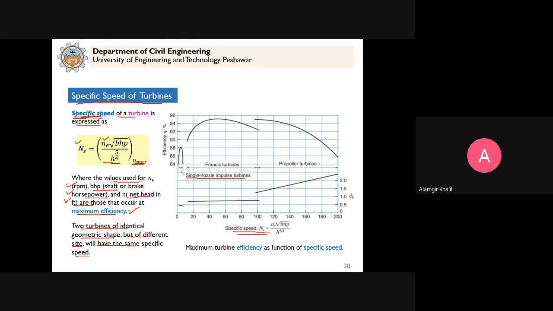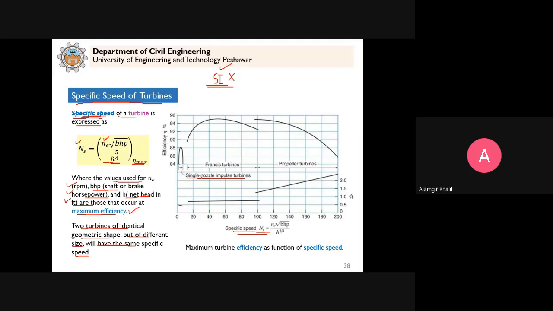Now in our textbook, the graph for SI system is not available. So you can find other fluid mechanics books. They also give the graph that is developed for a range of values for specific speed in SI units.